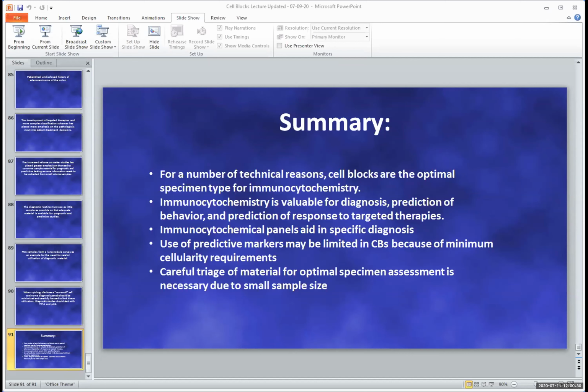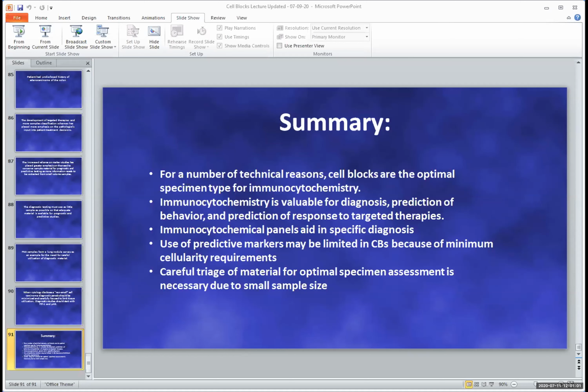Immunocytochemical panels, as I've shown you, when you have a very, very poorly differentiated malignancy and you really from the morphology alone are not sure what you're dealing with, those panels in a stepwise fashion can get you to a very, very specific diagnosis. Not only that it's an adenocarcinoma, but it's an adenocarcinoma of the colon or the kidney, etc. Now, the use of predictive markers may be limited in cell block material because of minimum cellularity requirements.